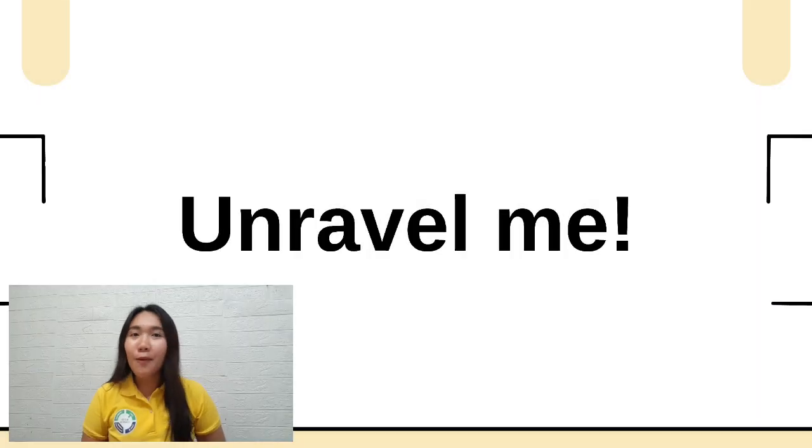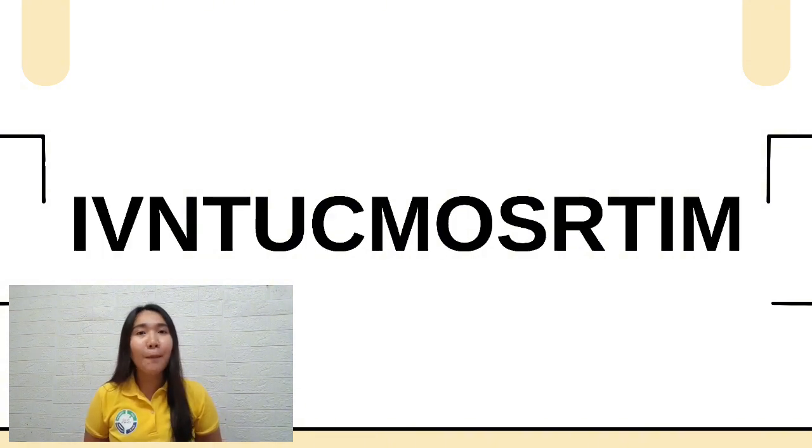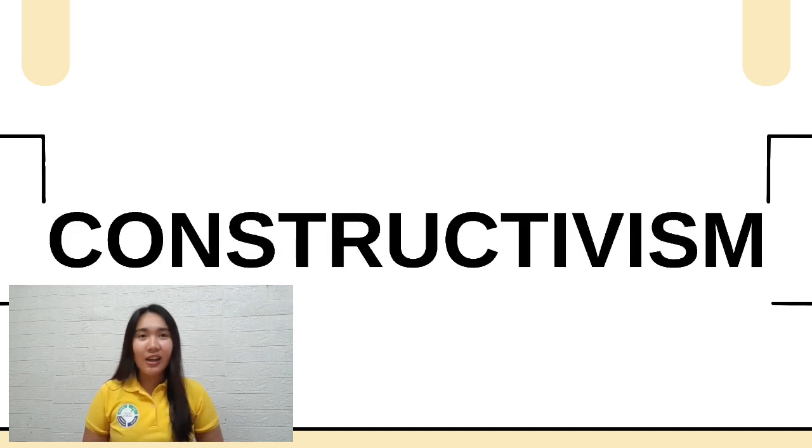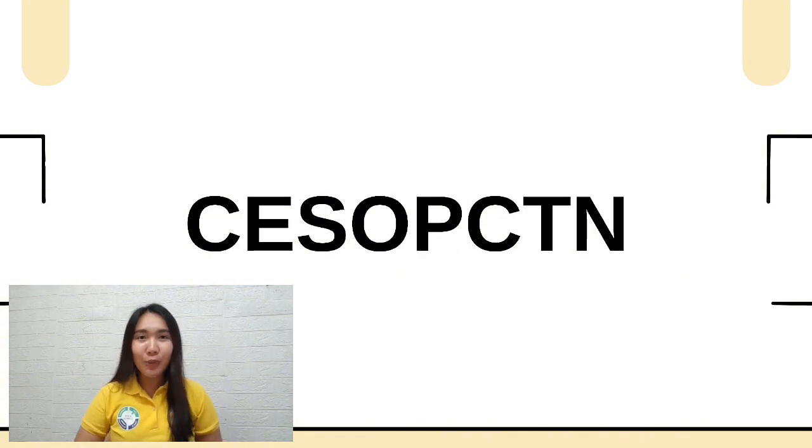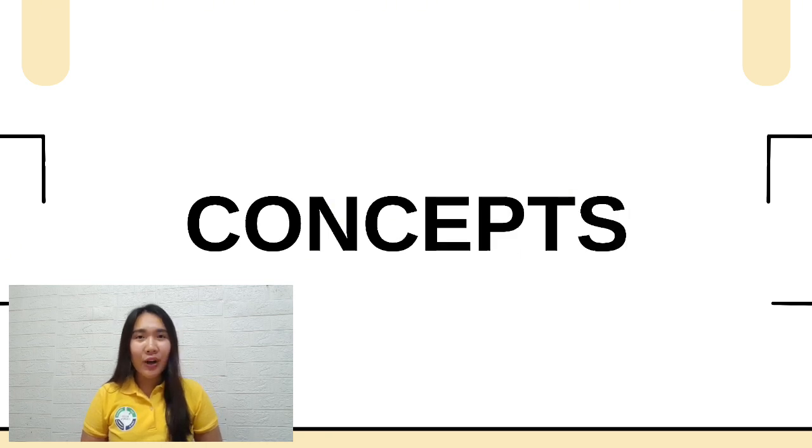But before that, please join me to unravel these scrambled words. So we have here the first scrambled words, do you have any guesses? Okay, that is correct. This scrambled word is constructivism. The next one, that is also correct, concepts.